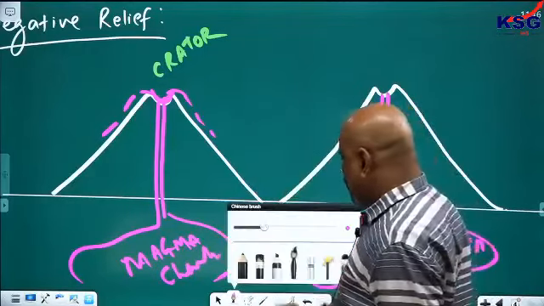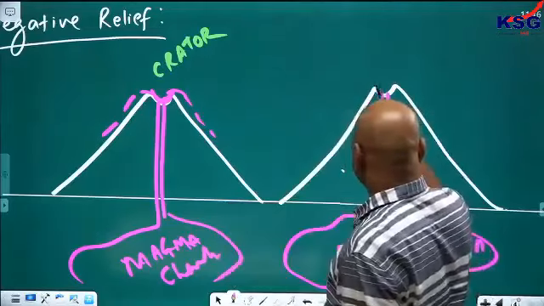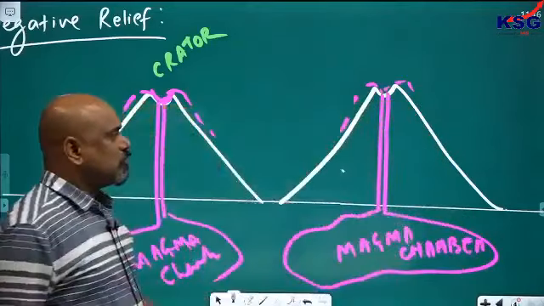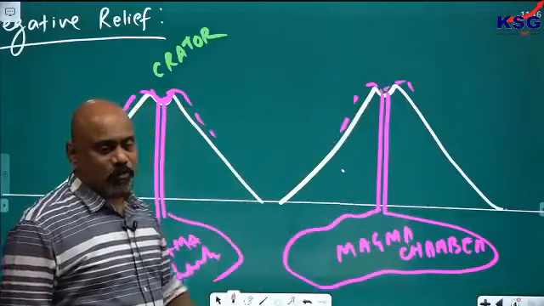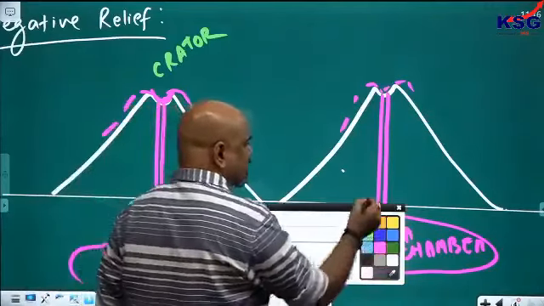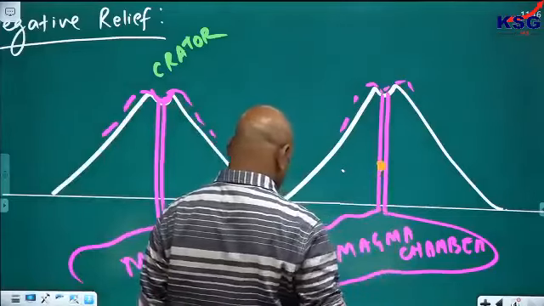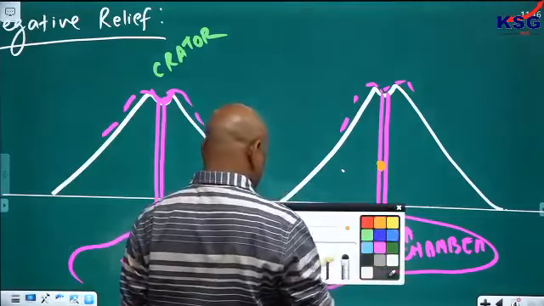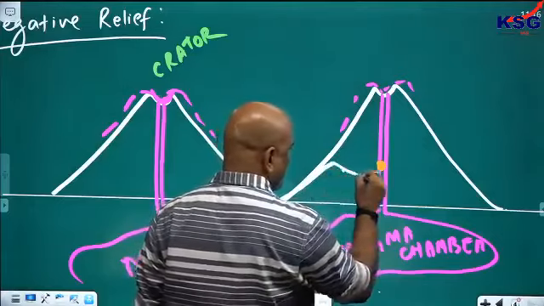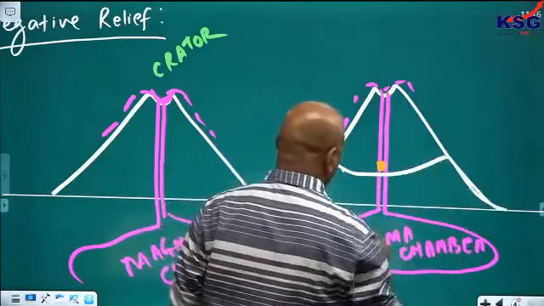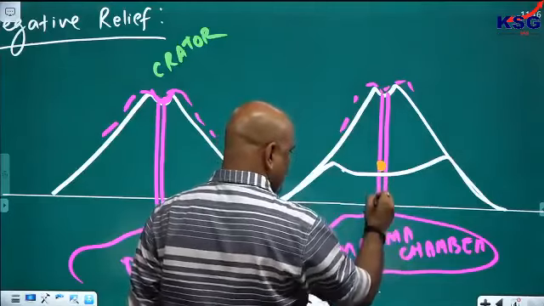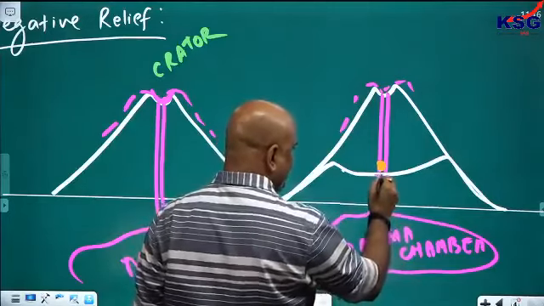Crater is there, no doubt, but sometimes the volcanic eruption is going on, but if it is an acidic type of volcano, here it will get blocked, and the entire region may get completely eroded and blasted up, and you will have only this much.